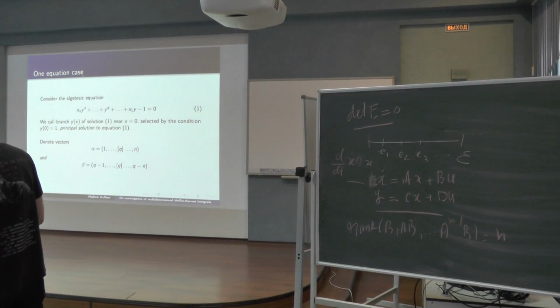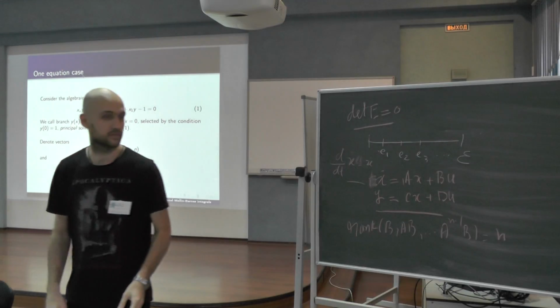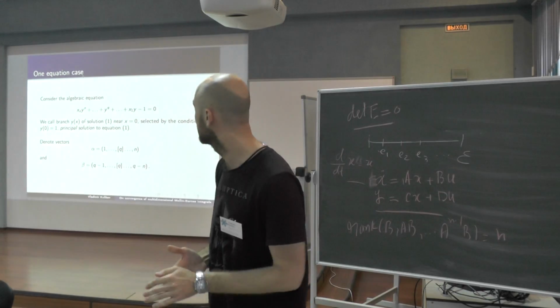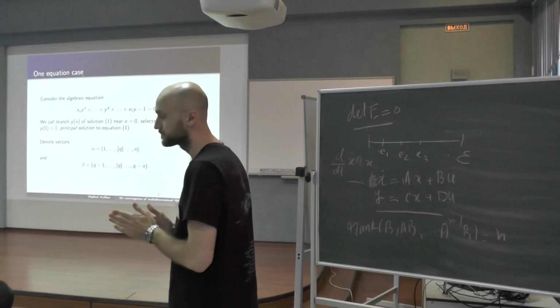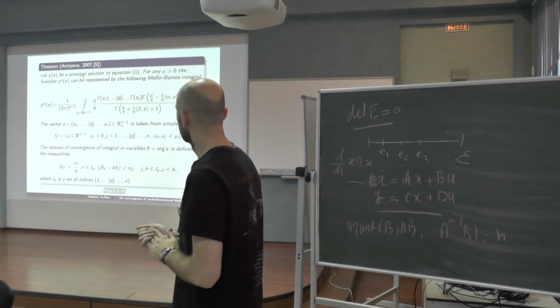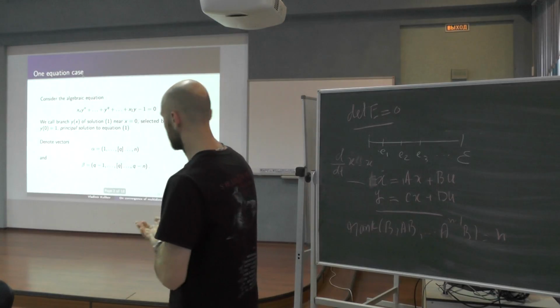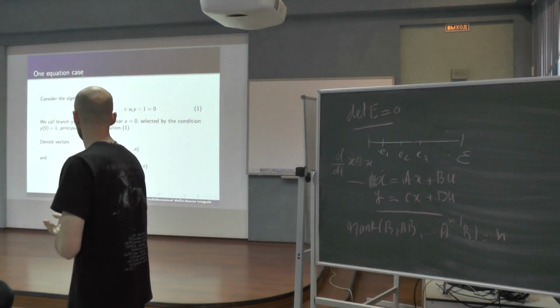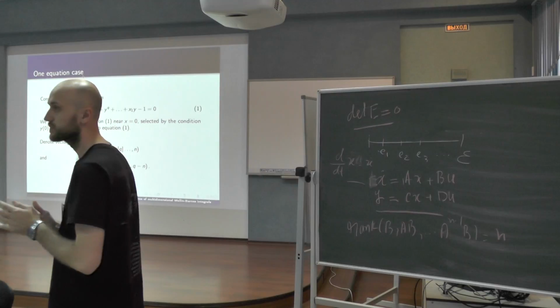In 1921, Mellin obtained the Mellin-Barnes integral, which represents the solution of an algebraic equation of form 1.